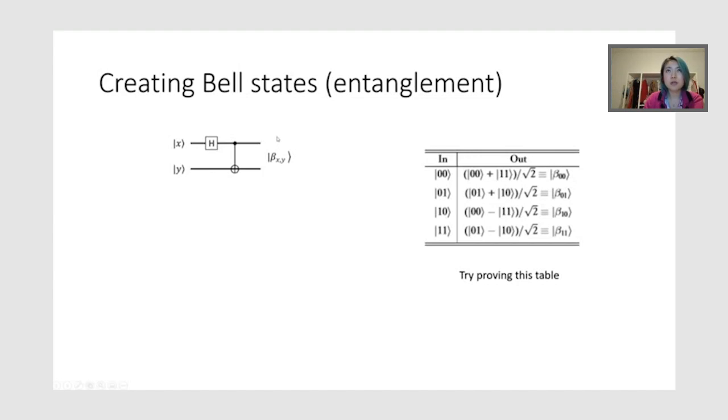So let's take a look at how this really works step by step. This table already tells you what your outcome will look like. So if you have these four possibilities, your outputs will be those four Bell states.